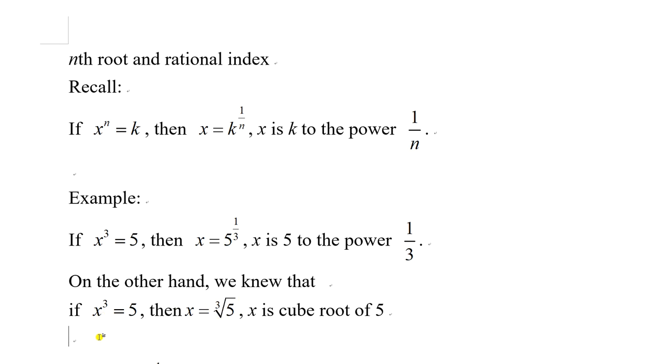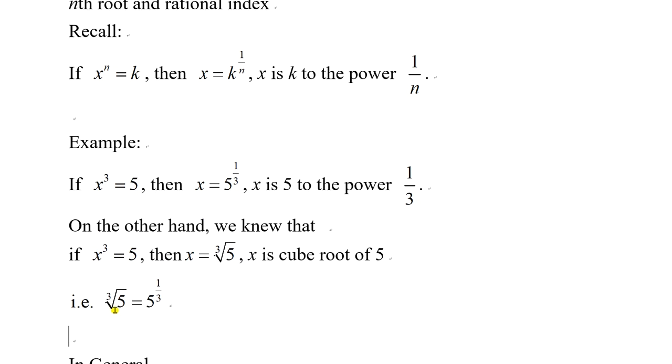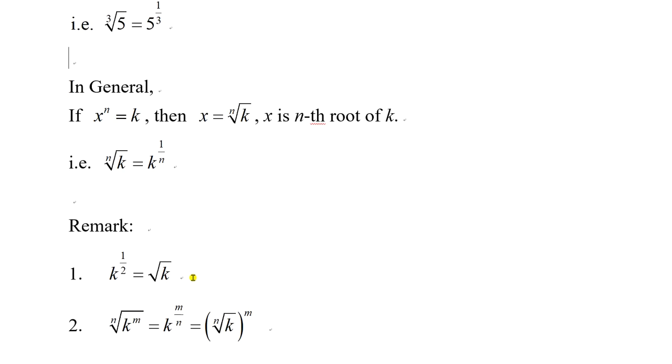Therefore, we can see that 5 and then take the cube root equals 5 to the power 1 over 3. And that's the way we could introduce the nth root and the rational index. In general, if there's an equation x to the power n equals k, we can also write x as k and then take the nth root.